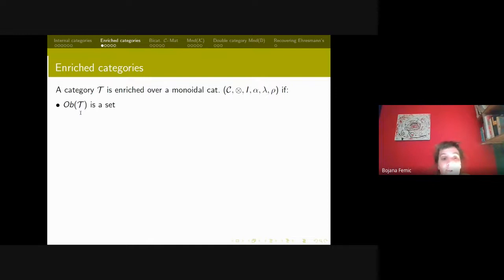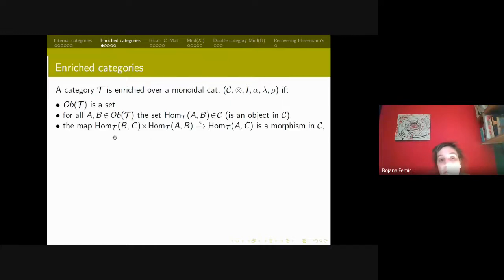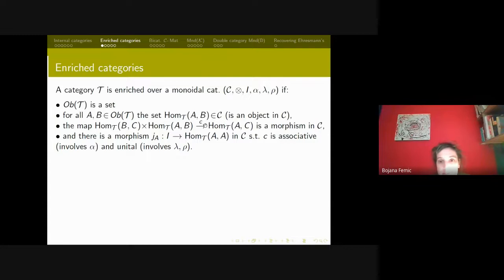So now firstly, the objects of tau form a set. Then for all objects, this hom set in tau is itself an object of C. Then the map that gives composition in tau is actually a morphism in C. And there is a morphism in C that goes from the unit object of this monoidal category C into the hom set A A. And it is required that this composition is associative.